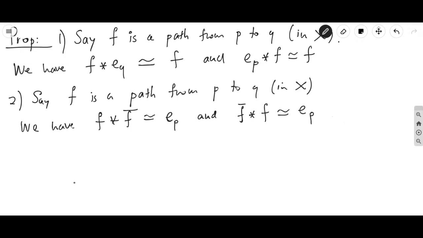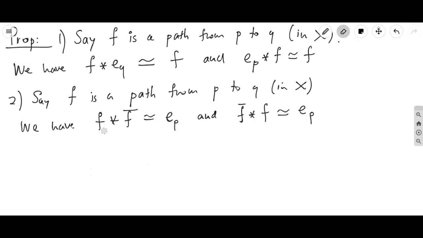So what's the picture? You're going from P to Q, this is F, and then the reversal path goes from Q back to P. The reversal path kind of goes like this. Intuitively, because you have this segment, you can continuously homotope that segment back to a point, and that's EP. So it makes sense why that's just a constant path.